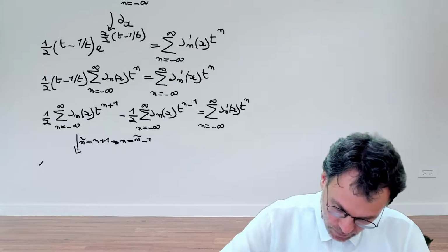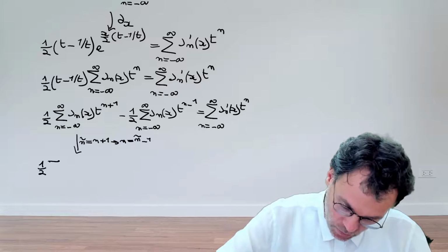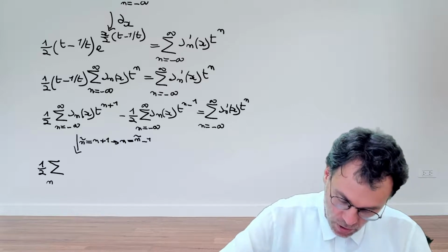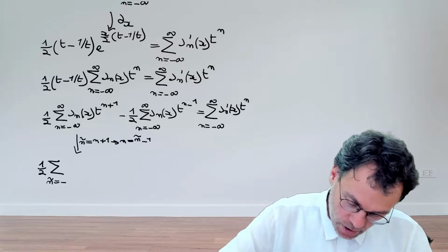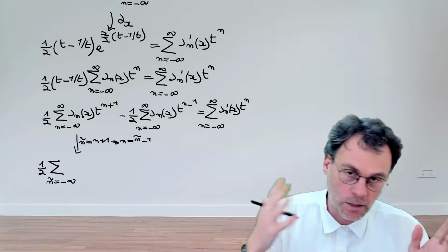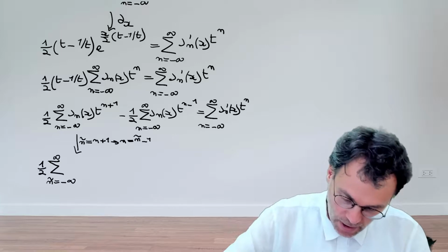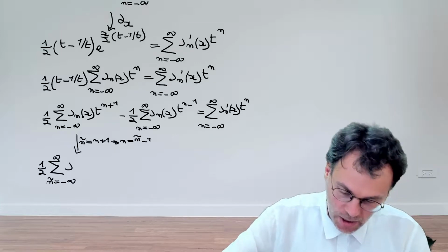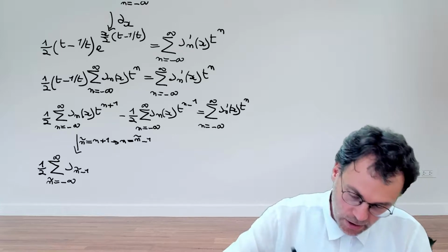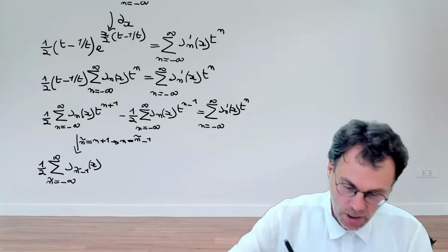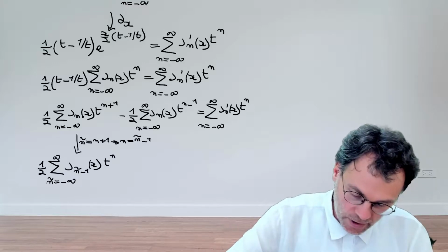So if we then massage our expression, we get a summation of n tilde from minus infinity to plus infinity, and then we have J_{n tilde minus 1}, if we make the substitution, and then t to the power of n tilde.